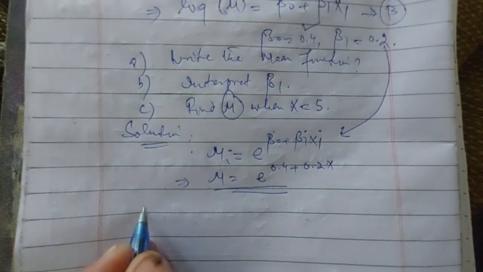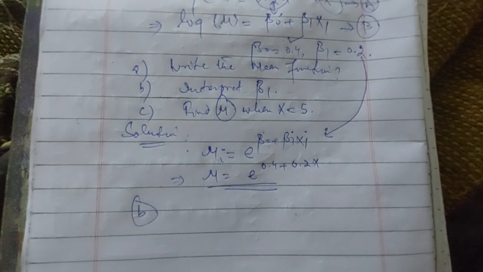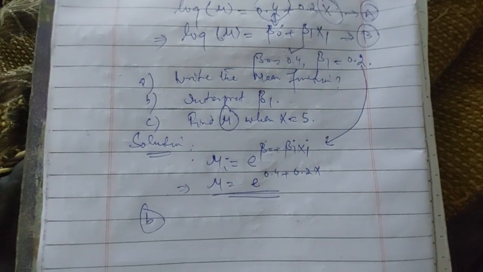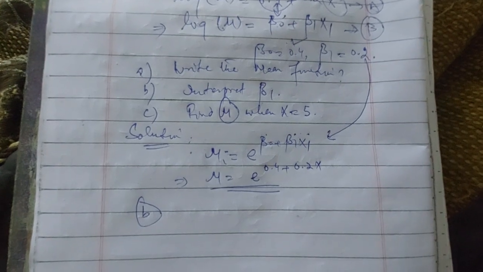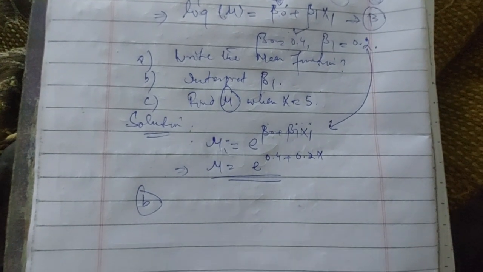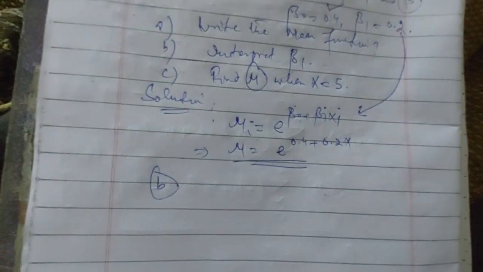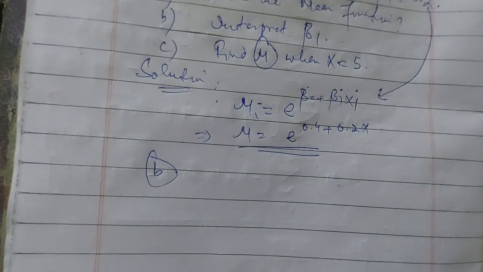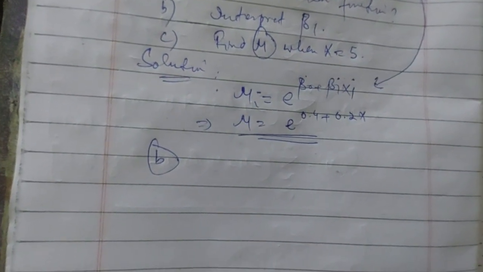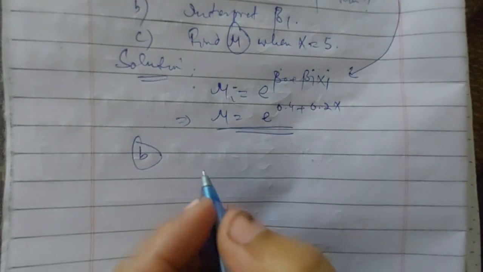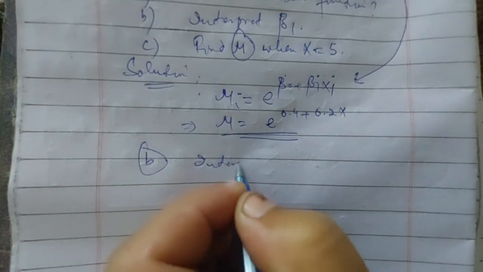Now part B asks us to interpret beta 1. By this interpretation we actually mean what will be the expected increase. Let me write it over here.